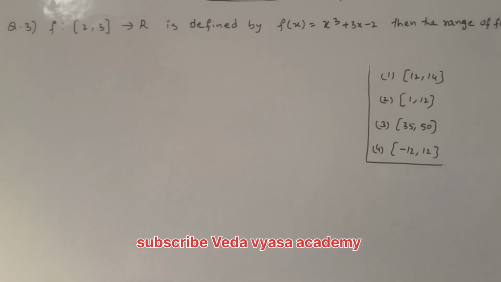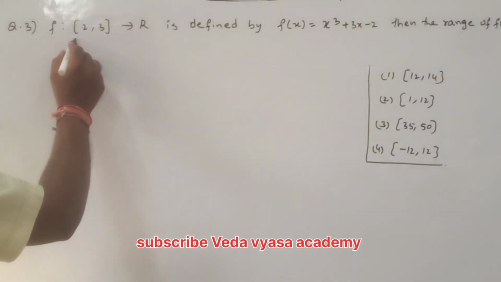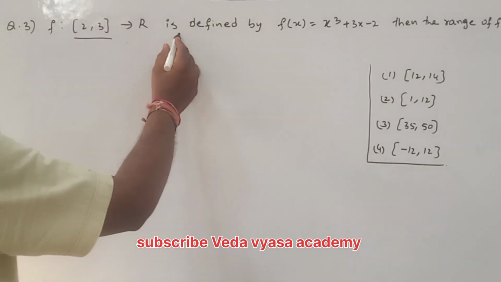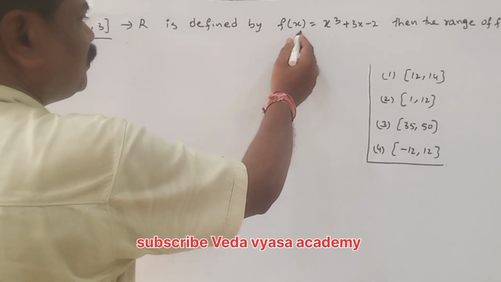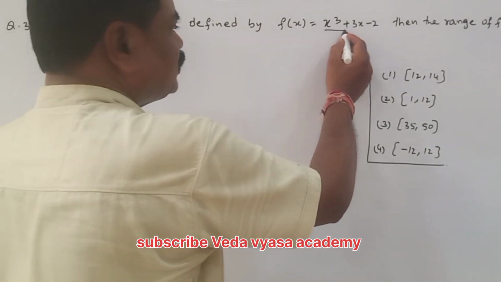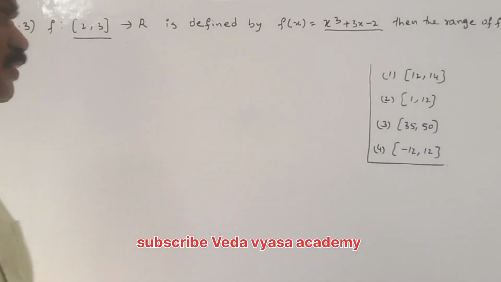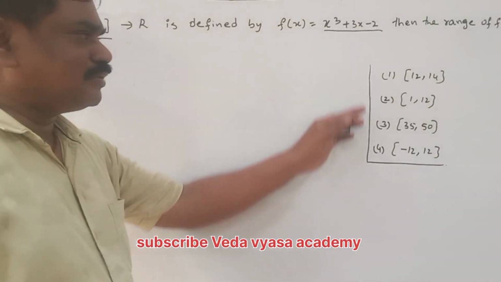Here we have the problem: f from the closed interval 2 comma 3 to R is defined by f of x is equal to x cube plus 3x minus 2. Then the range of f of x is, the options are given.